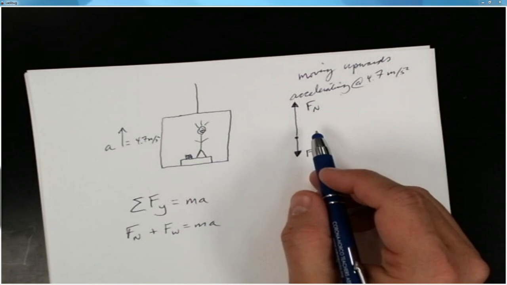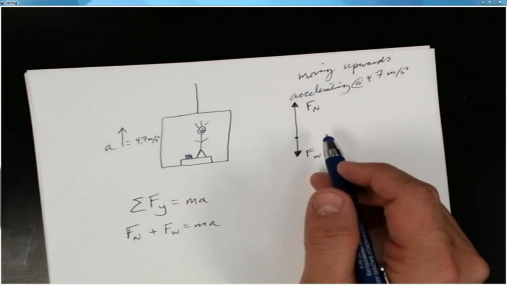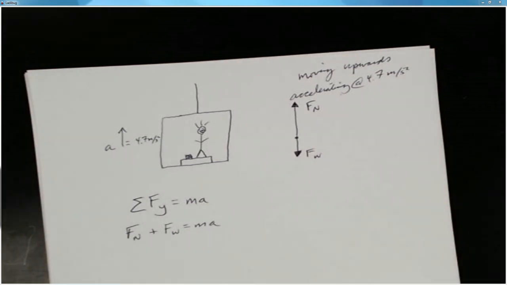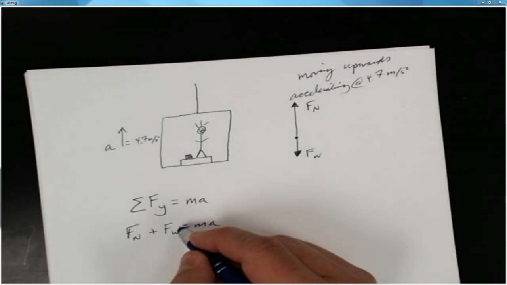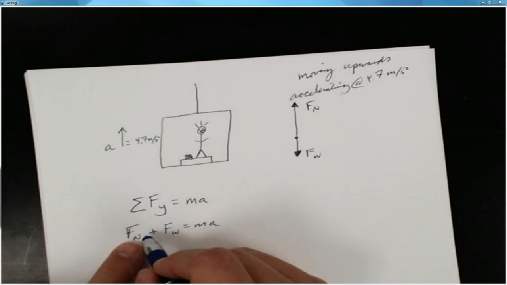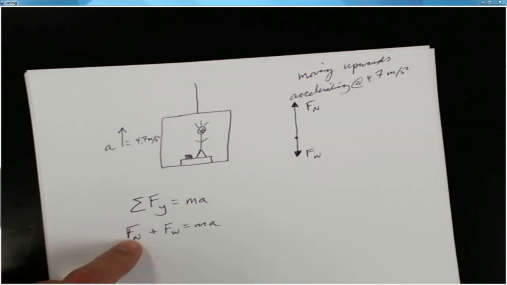And my normal force plus my weight force is going to equal ma. Is this my actual weight, right? So then my normal force actually counts as my apparent weight.